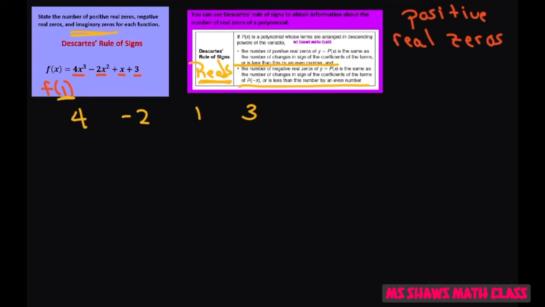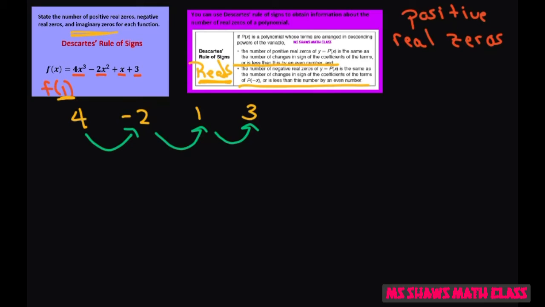So to get the positive real zeros, you're going to do f of 1, and you're just basically copying down your coefficients. So for this one, you're just going to write 4, negative 2, 1, 3 if I substitute 1. And you're looking for sign changes.